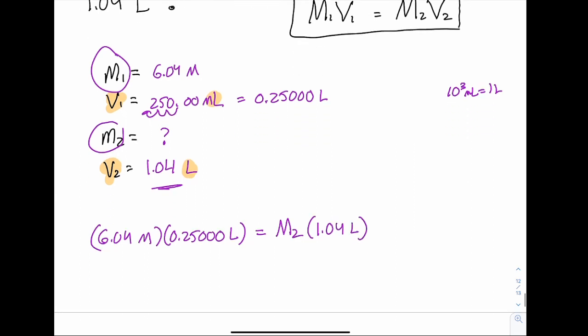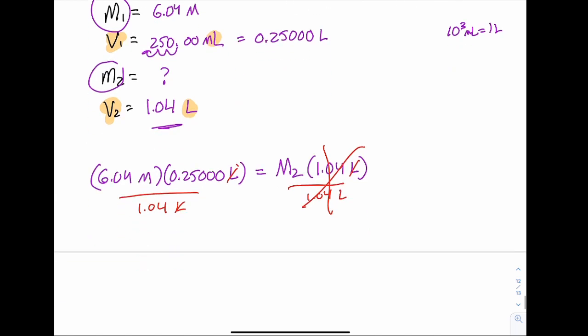And then when you do the math to solve for M2, our liters are going to cancel, right? We would divide both sides by 1.04, right? This is just straight up algebra, right? So these liters here would cancel. These whole quantities would cancel. So grabbing my calculator, and I get that my new concentration is 1.45 molar.